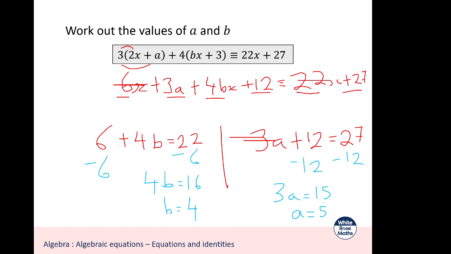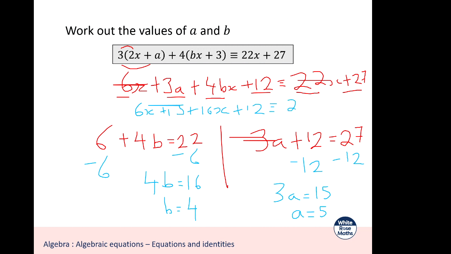So we're going to have 6x plus 3a. Well, a is equal to 5, so I get 6x plus 15. b is equal to 4, so 4 times 4 makes 16. So I'm going to have 16x plus 12. And if I simplify the bit in blue, I do indeed get the right-hand side.